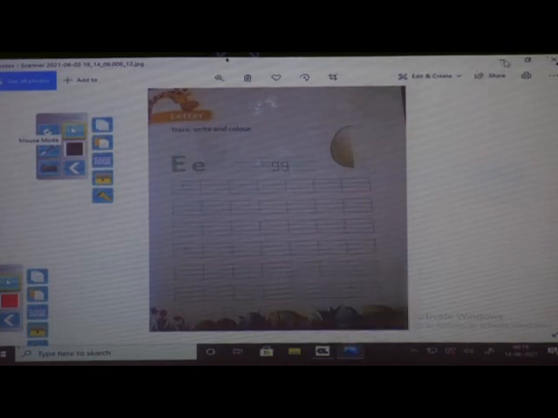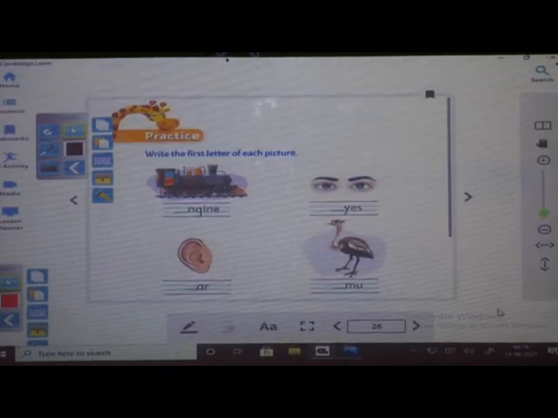After this, understood children? Yes. So you have to practice both the pages, letter D and letter E at home, okay? And you have to color the pictures also. But you have to write in proper good handwriting.